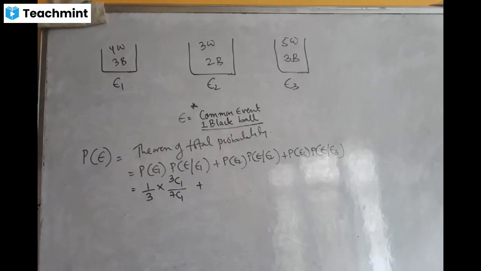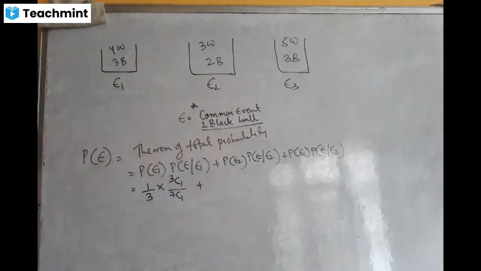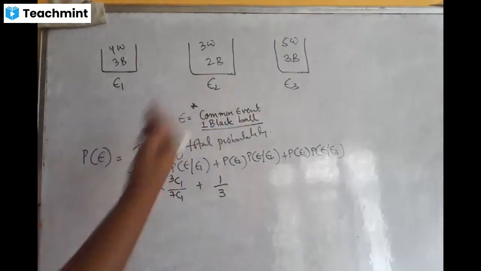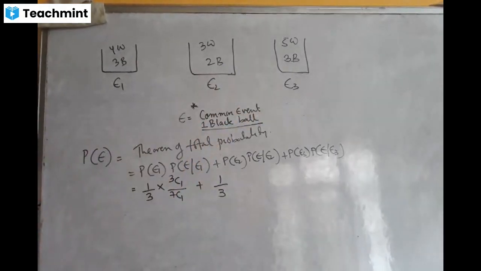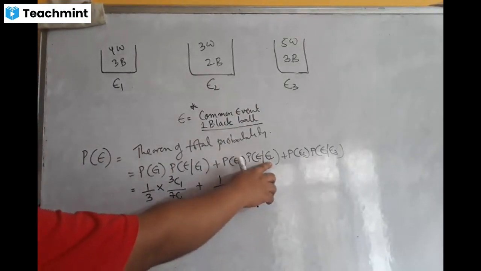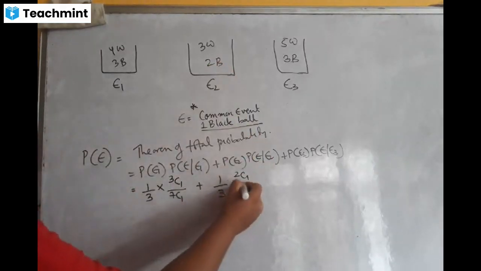E2. That means out of 3 bags, you can choose the second bag also. Yes or no? Whichever one you choose, it counts. So what is the probability of E2? There are three bags and I have to choose one, so it will be 1/3, because choosing one out of three bags means 1/3. Again, what is the probability of E given E2? E is a black ball, to be chosen from the second bag. How many black are there? Two. So 2C1 divided by 3 plus 2 is 5C1.